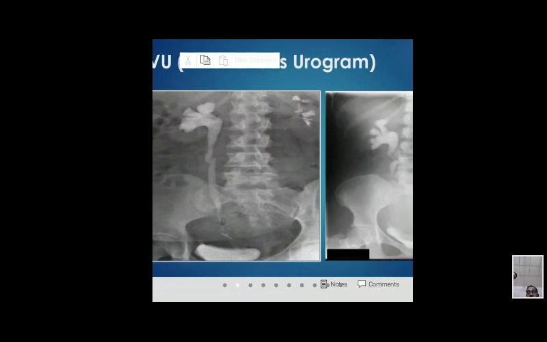Other than that, there may be ureterocele, retrocaval ureter, congenital ureteric stenosis. But the most important acquired cause of unilateral hydronephrosis is stone disease.